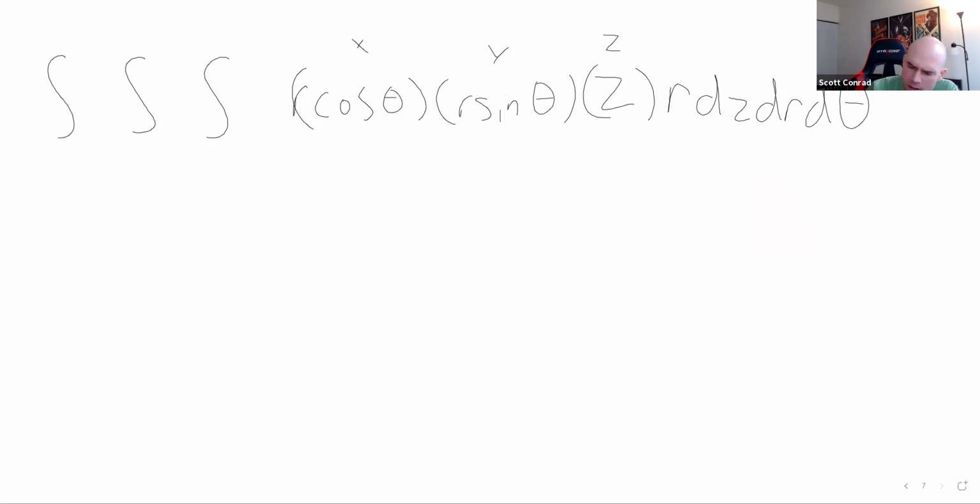So does everyone understand that bit? When you're doing rectangular, dv is just dz dx dy or whatever order you want to do it in. In cylindrical, it's r dz dr d theta.